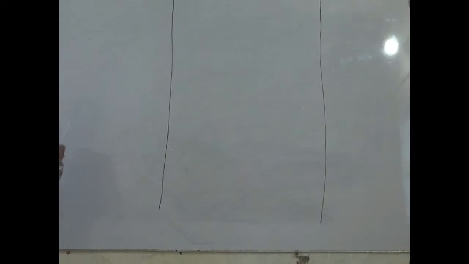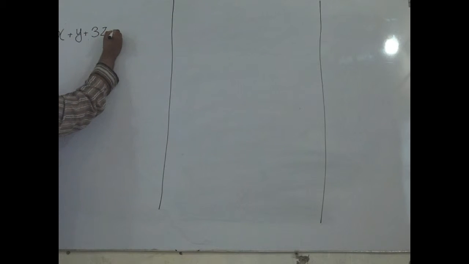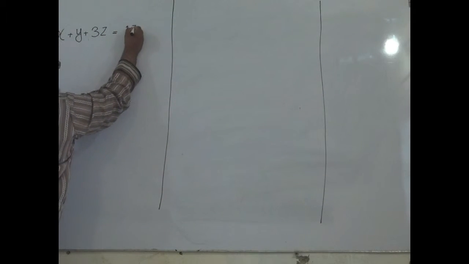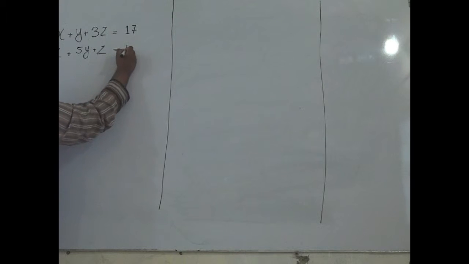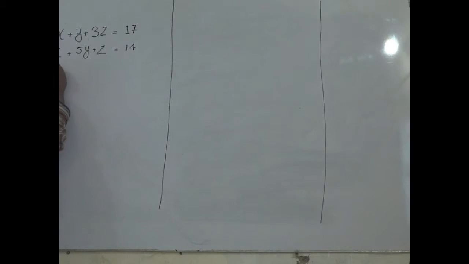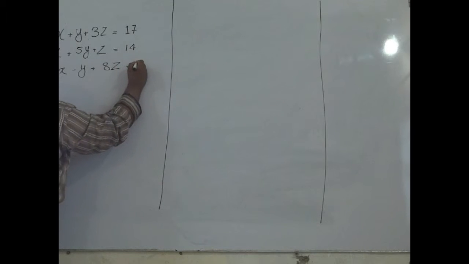Now, my given equations are 4x plus y plus 3z is equal to 17, x plus 5y plus z is equal to 14, and 2x minus y plus 8z is equal to 12.